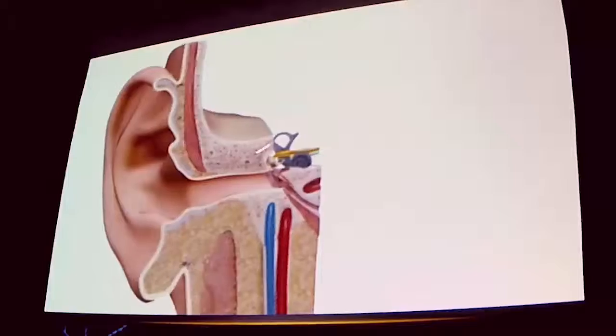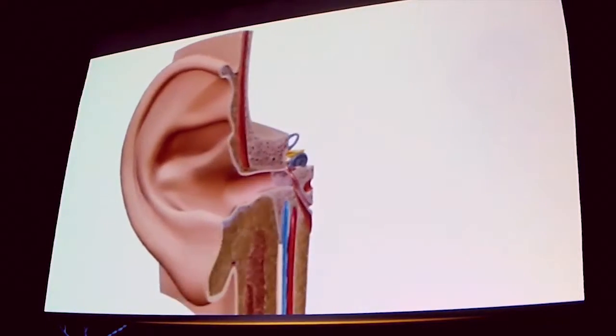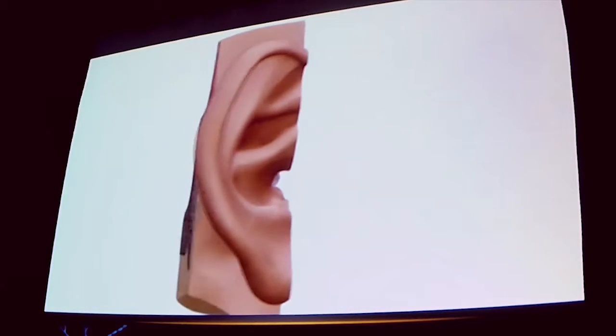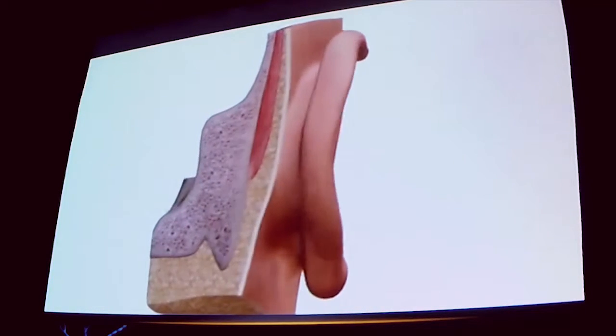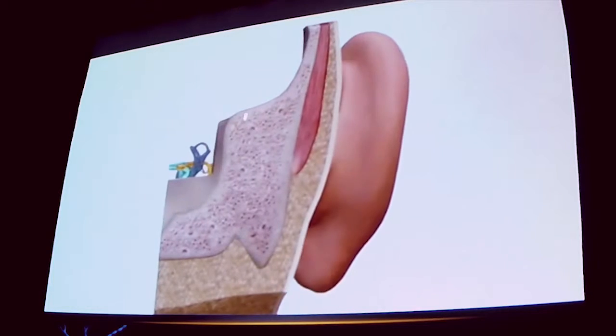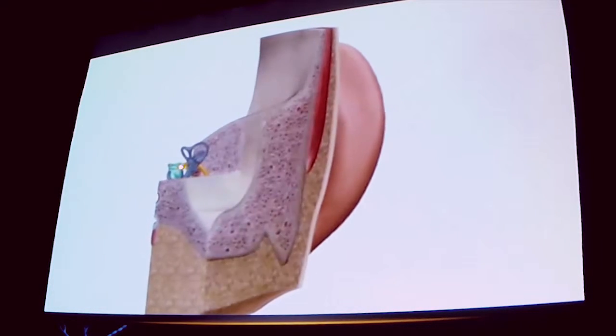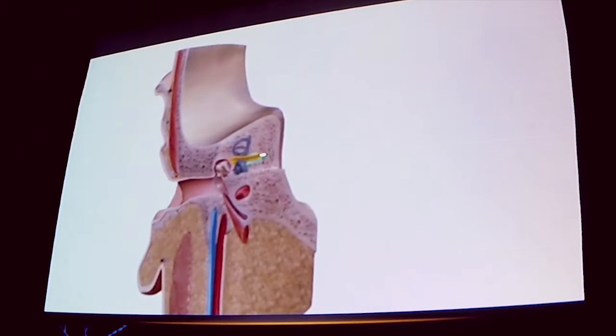So let me show you how close they are, the proximity of the 8th nerve. Cranial nerve 8 is highlighted here. So cranial nerve 7 is the one that's not highlighted. And I'll kind of show you what's going on. So this is the temporal bone here. There's cranial nerve 8. And cranial nerve 7 is the one that's not highlighted.